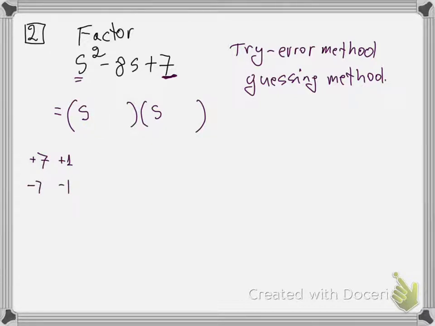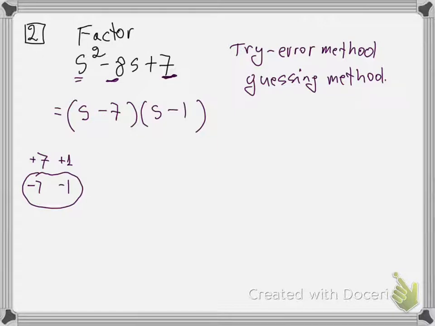We're looking for the pair that multiplies to 7 and adds up to -8. Because we have a -8, we're going to pick -7 and -1. So the answer is (s minus 7) times (s minus 1).